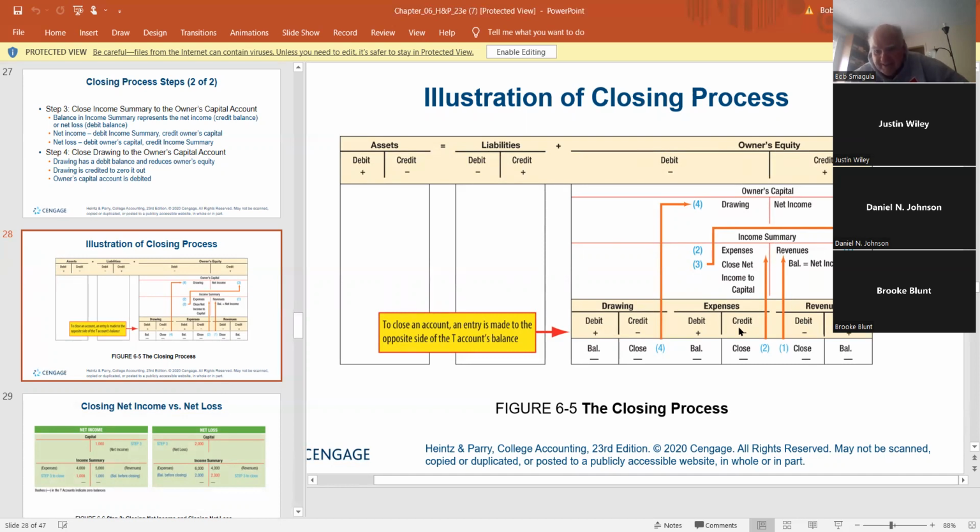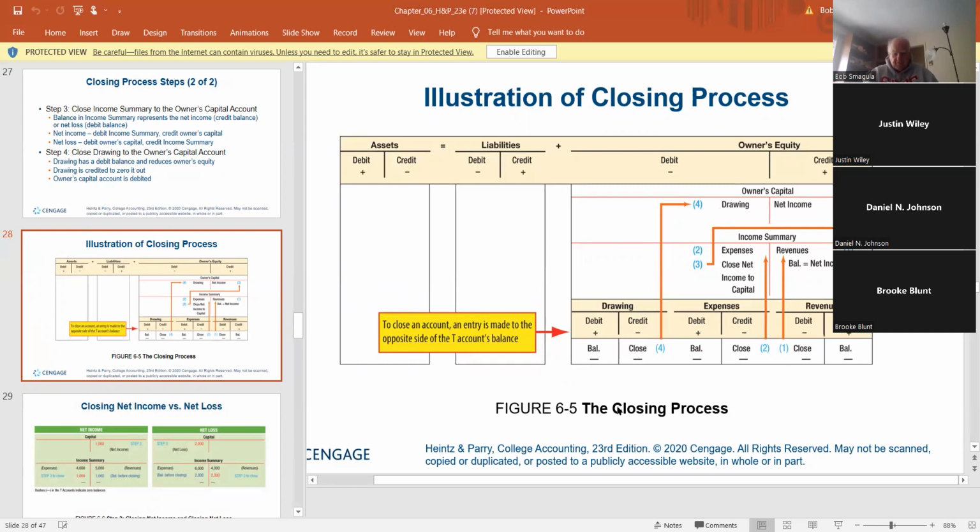We're going to credit the expenses, and that goes into the income summary. So now the net income is sitting in that income summary, which we then move, hopefully, to increase the owner's capital. Drawing just requires a debit to owner's capital and a credit to the drawing. I mean, it's that finite.